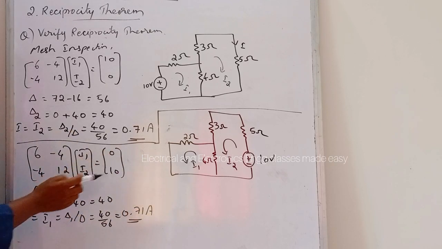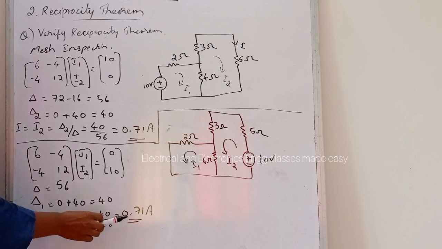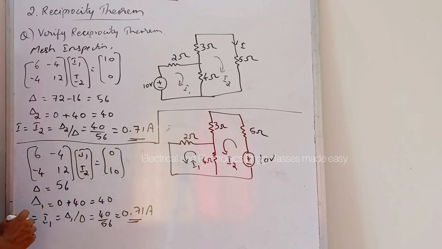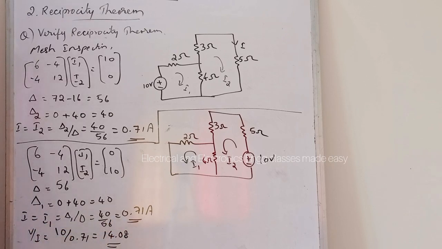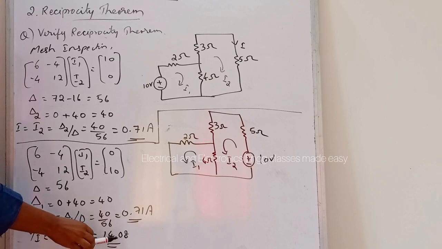So in both the cases the response, that is the current, is same. Now we can find the ratio of voltage to current, that is 10 divided by 0.71 is equal to 14.08. So here voltage divided by current is equal to 14.08.